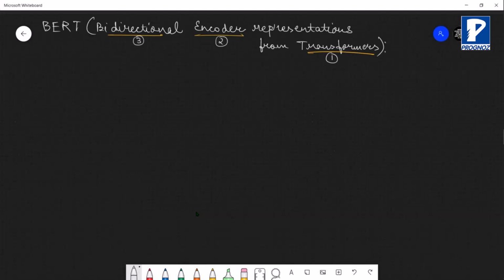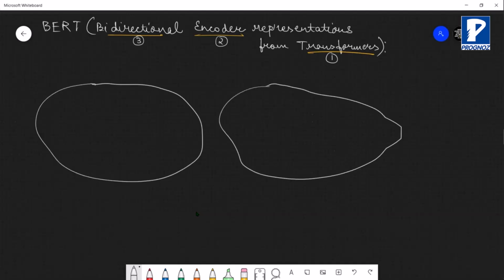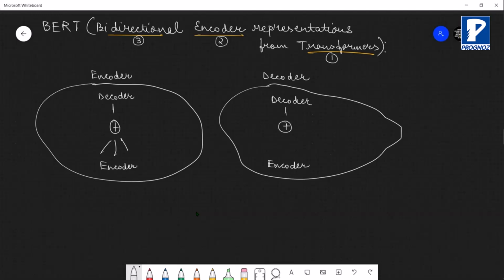So first we will talk about transformers. Superficially, what is a transformer? A transformer is an encoder and a decoder in this way. Because it is a transformer, it will have an attention mechanism inside it. The encoder is here, the decoder is here, and in between an addition keeps happening.